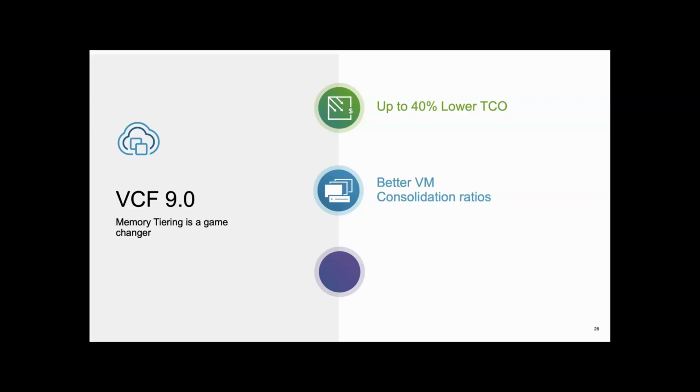VM consolidation is another big one. I talked about how, based on our testing with memory tiering, you can have up to a 2x VM consolidation ratio. So now you can actually use a lot of those resources that you pay for. Even if your servers are 3 or 4 years old and you can't buy any more right now, maybe for the next couple of years, memory tiering comes into play and lowers your cost.